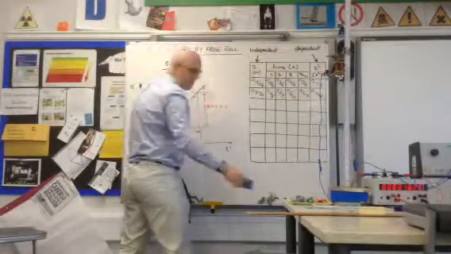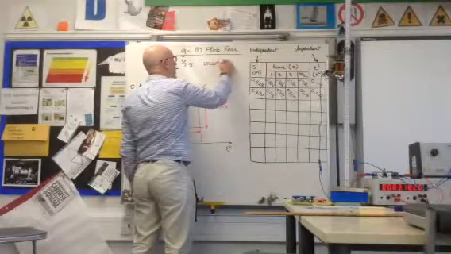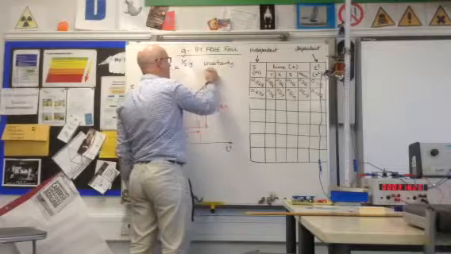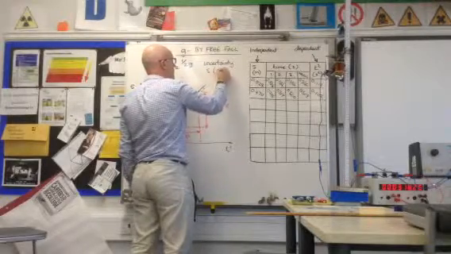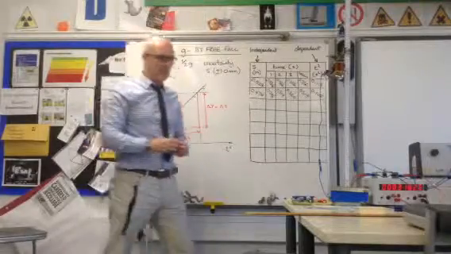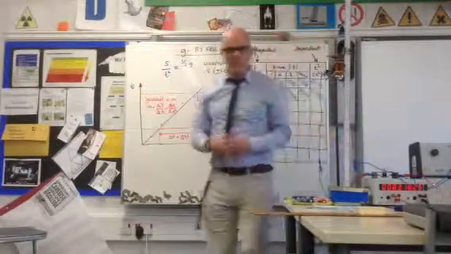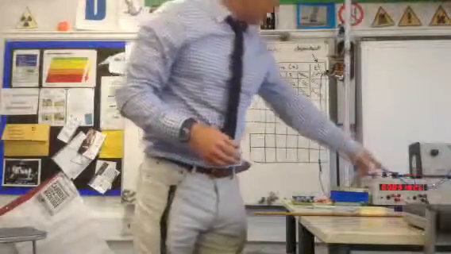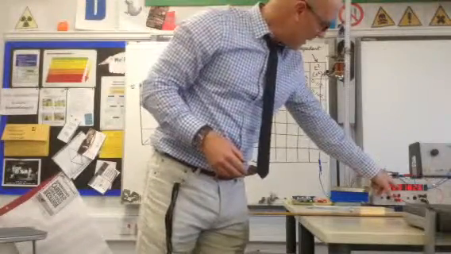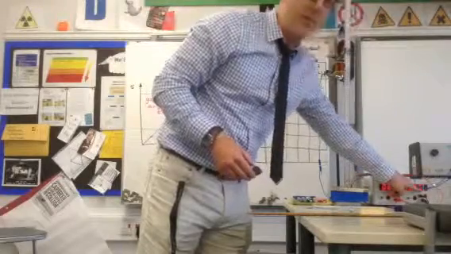So there's an error or an uncertainty in S, which is plus or minus 1.0 millimetres. Now, the only other measurement we've taken is the time. And you might think, well, okay, this is measuring to milliseconds, but hundredths of a millisecond.